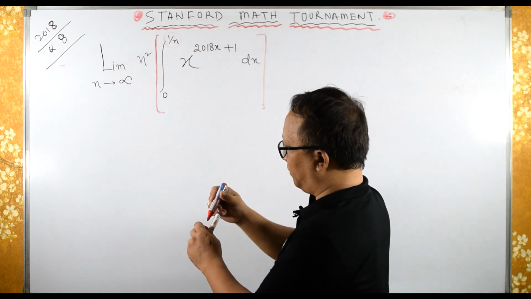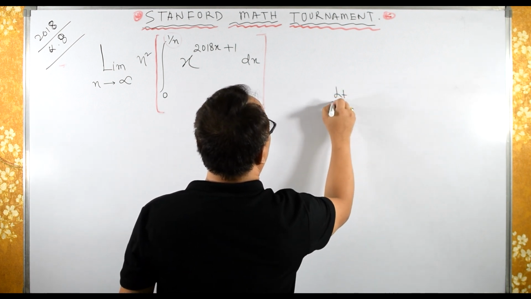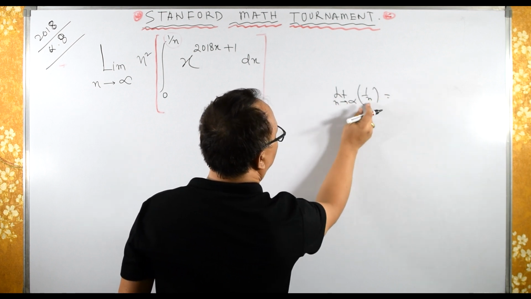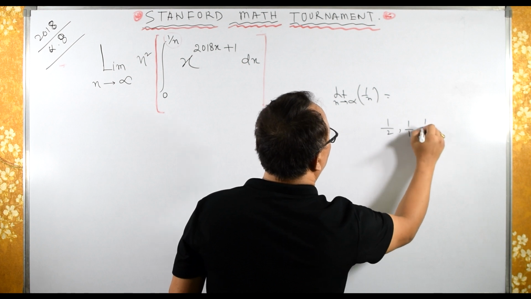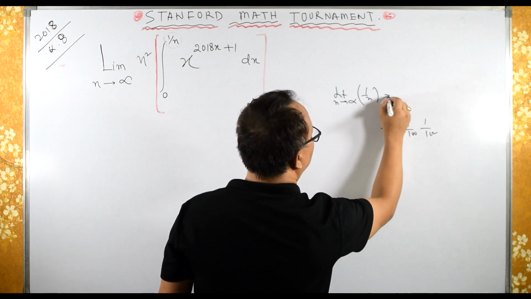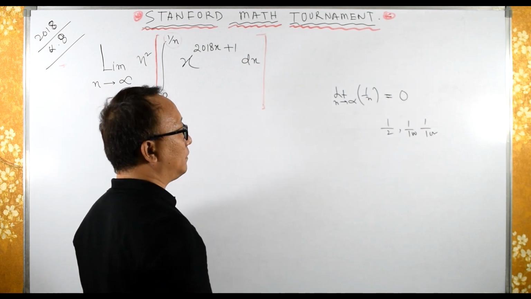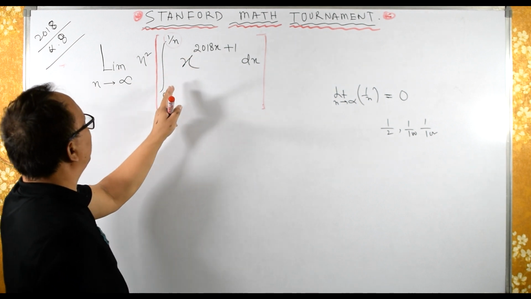Meaning when n keeps on increasing, for example 1 by 2, 1 by 100, 1 by 1000, this tends to 0.